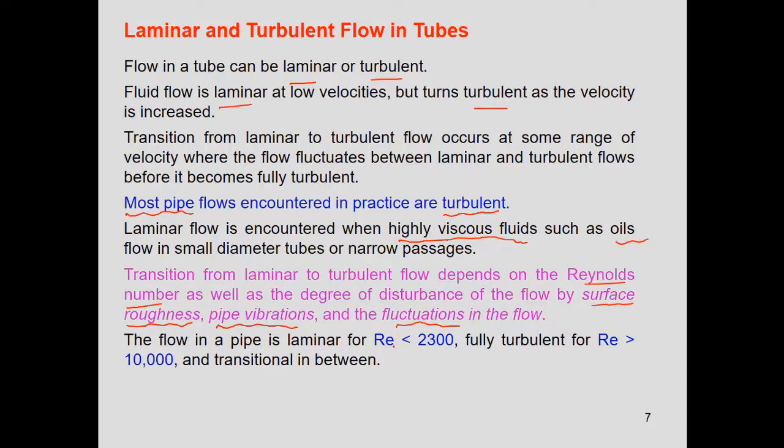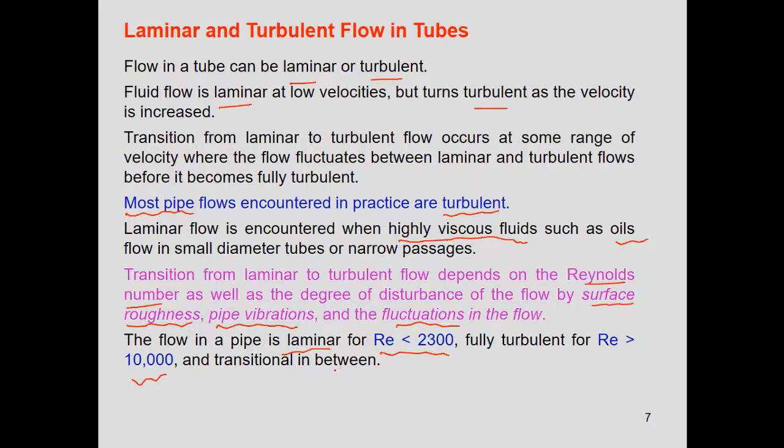But usually we have a scale. If the Reynolds number is lower than 2,300, we call the flow laminar. If the Reynolds number is higher than 10,000, we call it turbulent flow. And between these two, we call it the transition part or transition region. So this is the Reynolds number for internal flow.